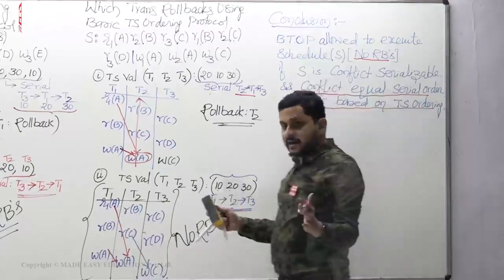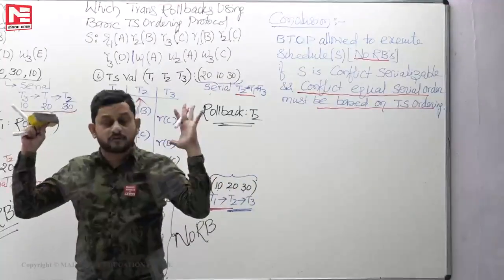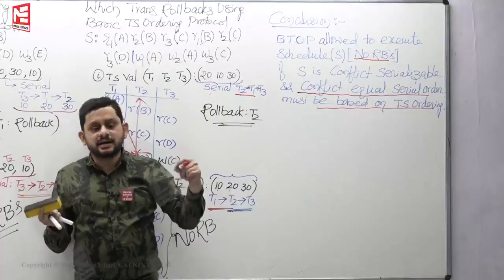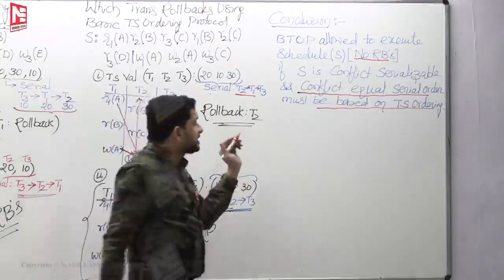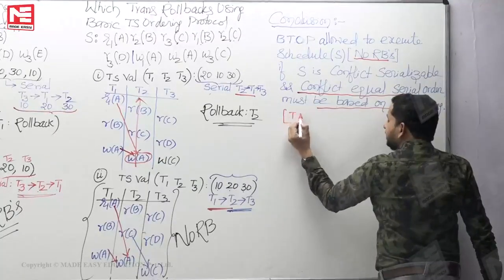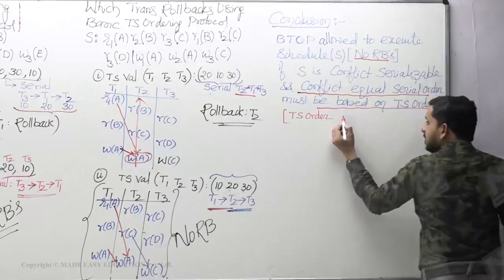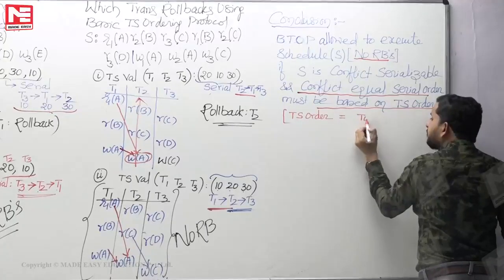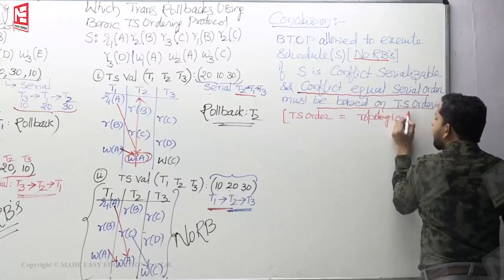Basic timestamp ordering protocol allows the execution of the schedule if the schedule is conflict serializable and the conflict equals serial order is the same as the timestamp order. So indirectly, the timestamp order of the transactions should be equal to one of the topological orders.